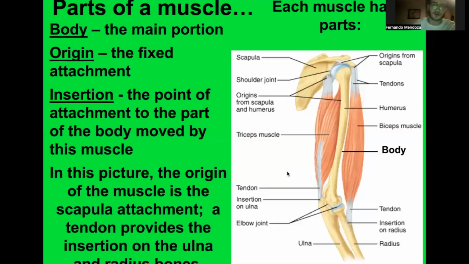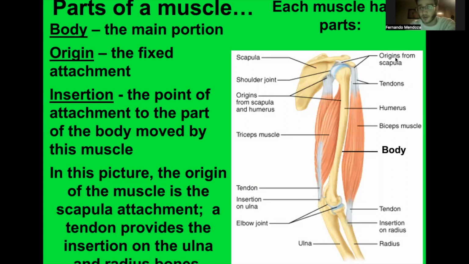The parts of the muscle are three: the body, that is the main portion of the whole muscle; the origin, that is the fixed attachment; and the insertion, that is the point of attachment to the part of the body moved by this muscle. For example, the origin of the biceps muscle is the scapula.